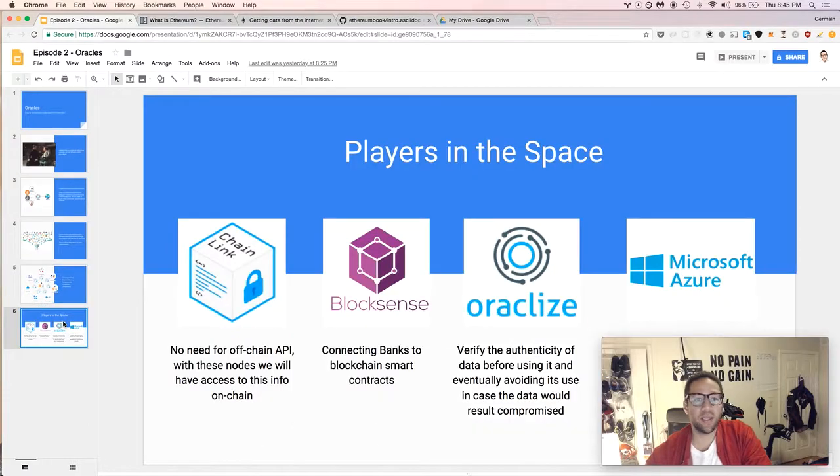Another thing you need to know before I present the players in this space is that there are two types of oracles. There are the software oracles, which we're mostly talking about right now, the APIs, the data that is coming in. And we also have to remember that there are hardware oracles as well, because the Internet of Things, where all objects are connected to the internet, is generating a massive amount of data. I went to a talk today and there are about 9 billion sensors in the world right now producing data.